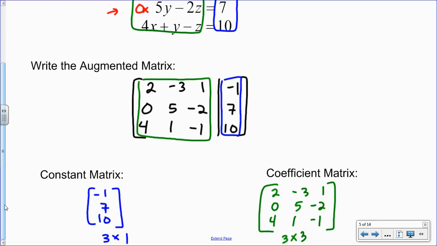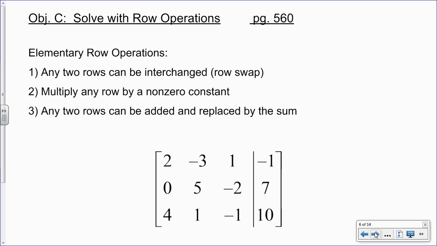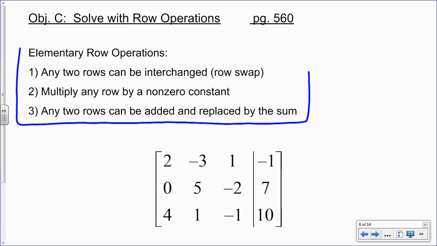Okay. So we take an augmented matrix, and we are going to want to do some row operations to it, and get it to look a certain way so I can identify what my variables are. So I have these 3 elementary row operations that I can use.